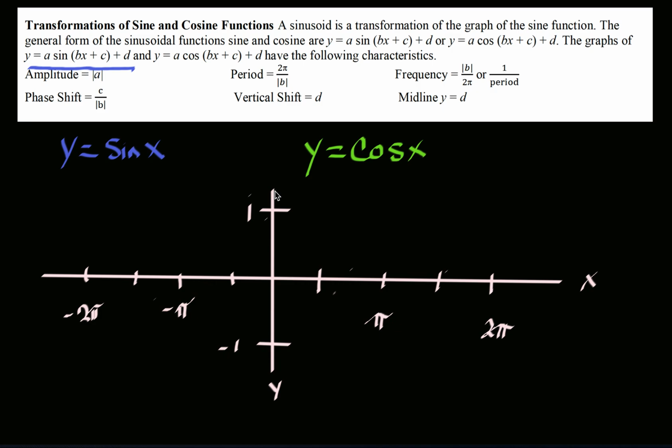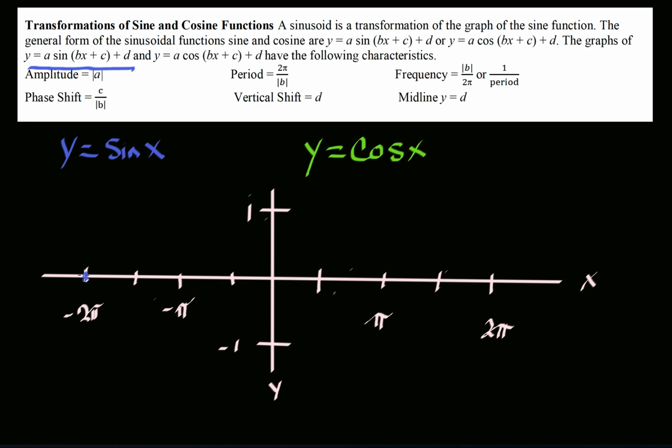So let's start with what an actual sine or cosine function looks like. And the cool thing about sine and cosine is that they're waves, and they look very much the same. But I'm going to graph this, okay?